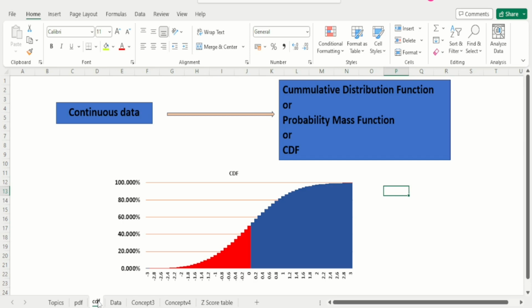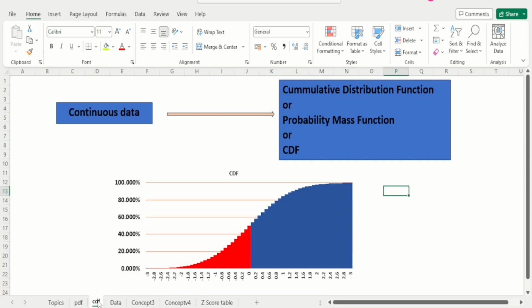Now, what does the CDF return? Unlike the probability density function, which returns probability density at a specific value of X, the cumulative distribution function gives us the probability for all points equal to and less than X. If you look at the graph, if we were to apply the CDF function to the value of X as 0, you'll see the entire area to the left of X on the graph is marked as red.